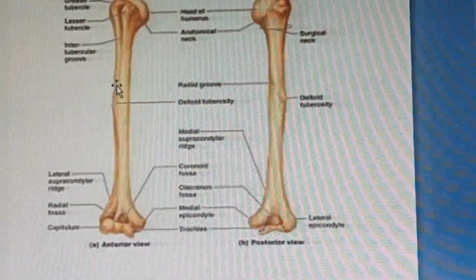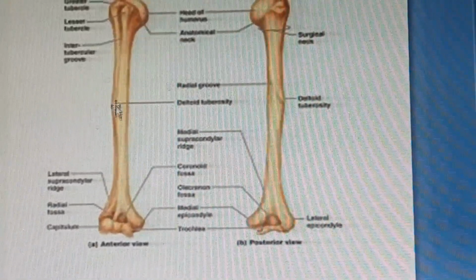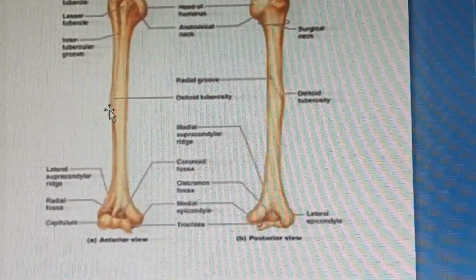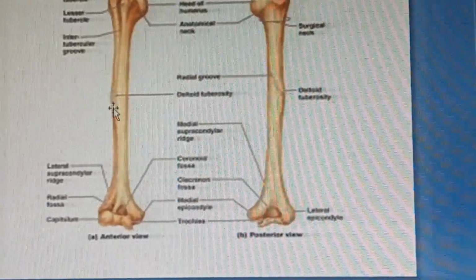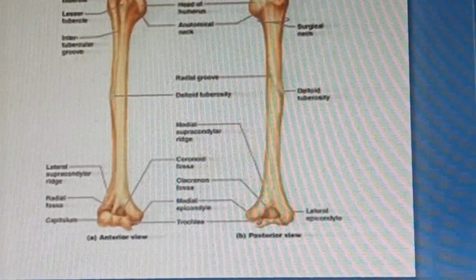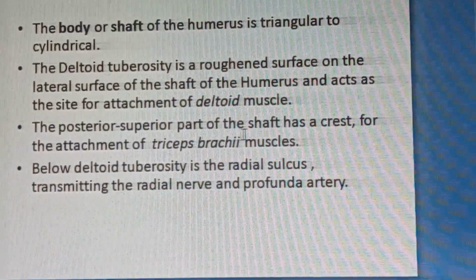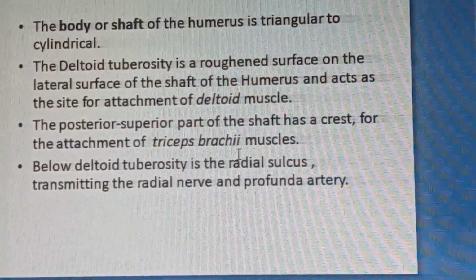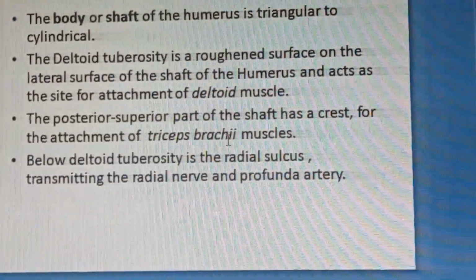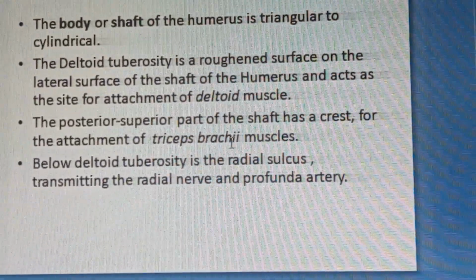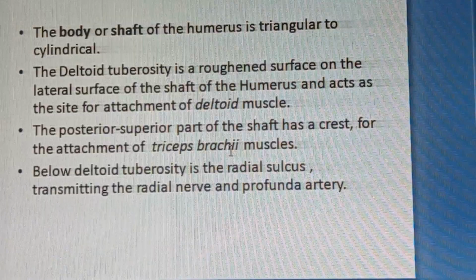The shaft is straight and then it protrudes and then it is straight again. This is called the deltoid tuberosity. The posterior superior part of the shaft has a crest that gives attachment to the triceps muscles.